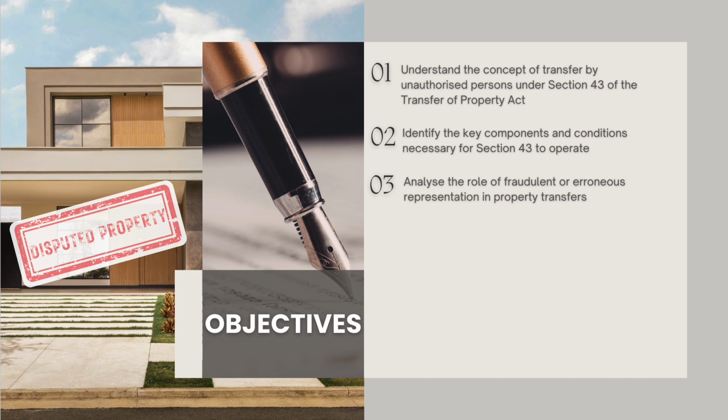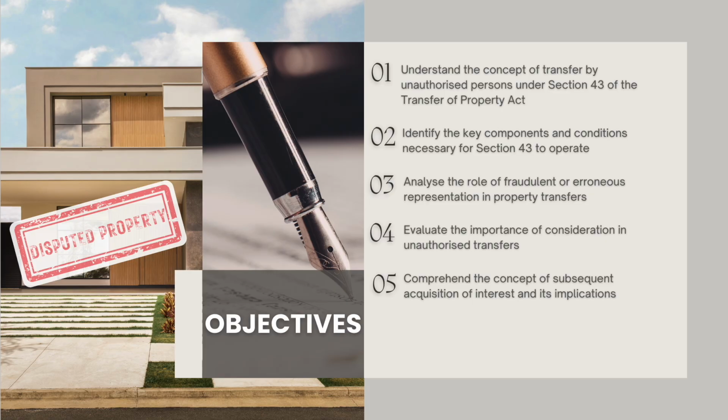Analyze the role of fraudulent or erroneous representation in property transfers. 4. Evaluate the importance of consideration in unauthorized transfers. 5th, comprehend the concept of subsequent acquisition of interest and its implication. And finally, distinguish between valid and invalid transfers under Section 43.